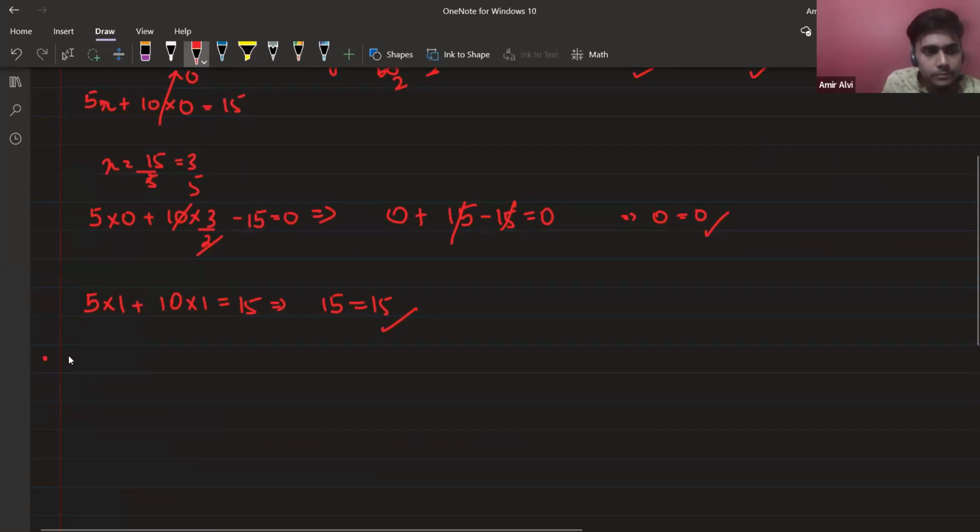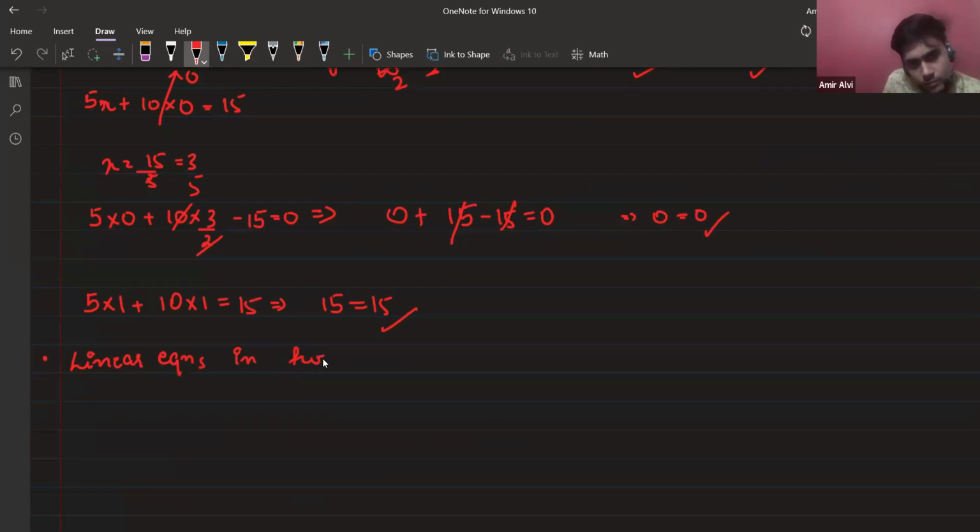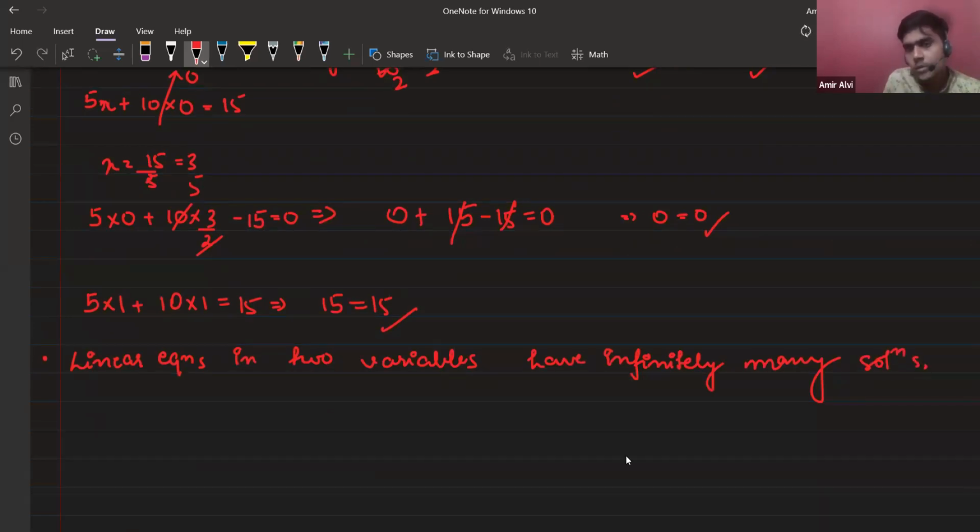So let me write down here. Any doubts, Simrat? No. So this is how you have to calculate the solutions of a linear equation.